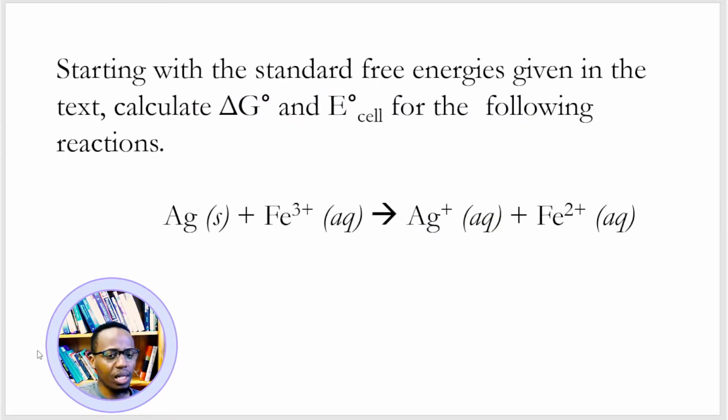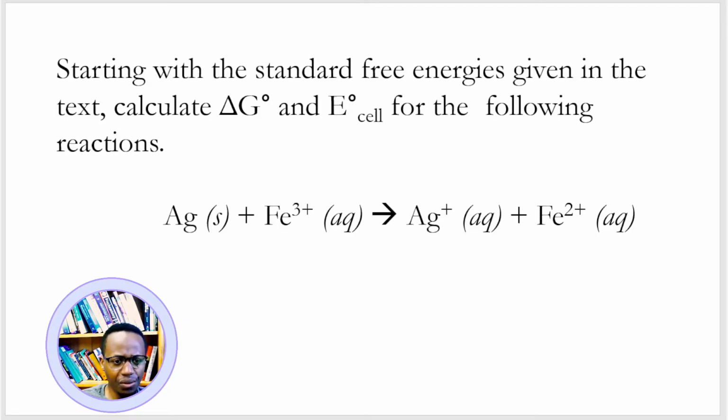I'm going to give you some like this, where I ask you a question. I give you, starting with the standard free energies given in the text, calculate the delta G and the potential for the cell, for the following reactions. And I give you some like this. So this is a total reaction, right?